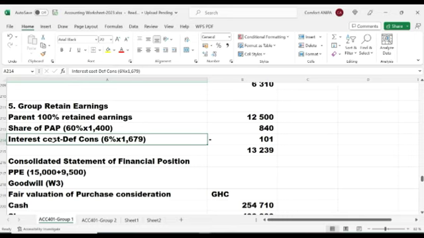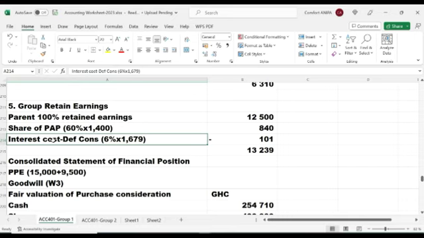If you are consolidating for 2 years, then you will calculate 2 years of unwinding of the interest. If you are consolidating statement of financial position, and the balances you have, the accumulative.